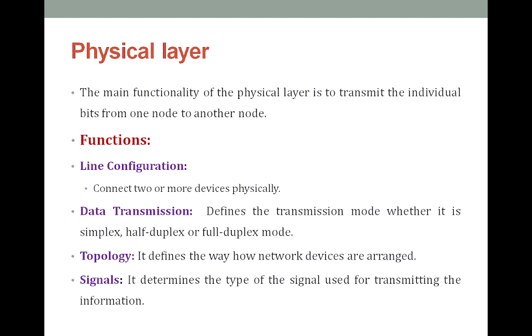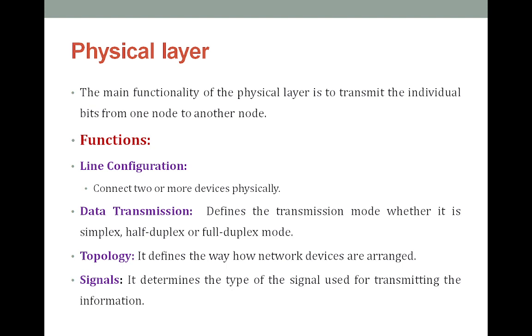If one device is sending the packets, the other device receives them, and vice versa. In full duplex, a single device can act as both sender and receiver. Both transmission and reception happen at the same time. That is the full duplex mode of data transmission.